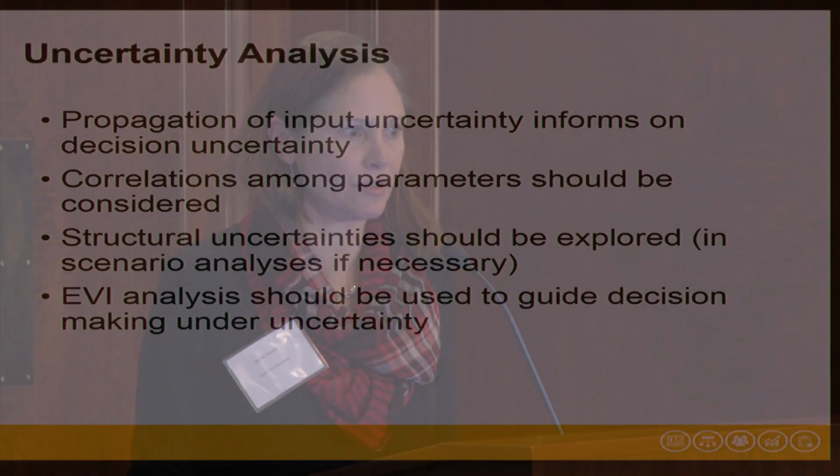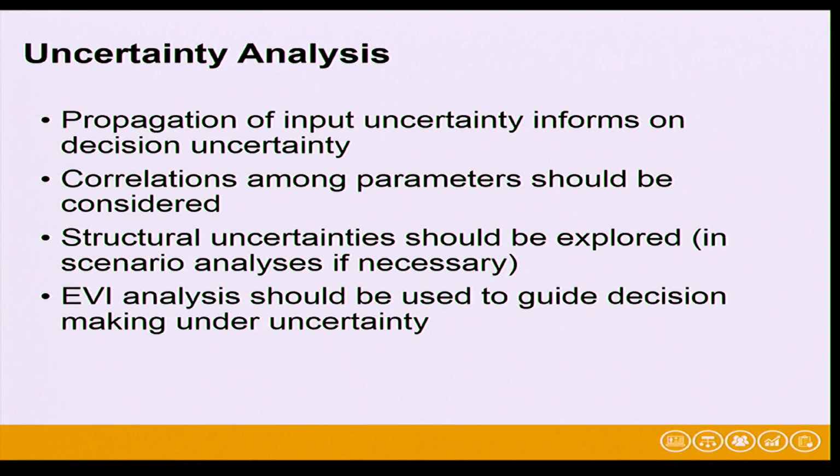So just a little bit about the uncertainty analysis chapter. The propagation of input uncertainty informs decision uncertainty, and that's what we're most interested in a CEA, is really how it affects the decision. This can be done within a probabilistic sensitivity analysis, and it's really important to try to capture the correlations among the parameters, with recognition that it's challenging to do this when all of the parameters are estimated independently.